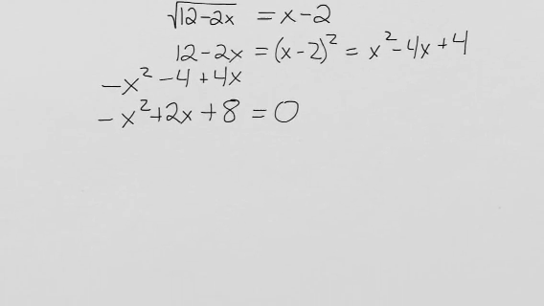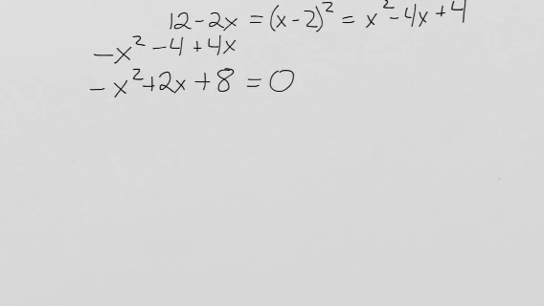So now that we have our simplified quadratic equation, we're going to plug this into the quadratic formula. So we have negative b plus or minus the square root of b squared, which is 2 times 2, 4, minus 4 times a times c. So 4 times a times c is negative 32, because it's 4 times 8 times negative 1.